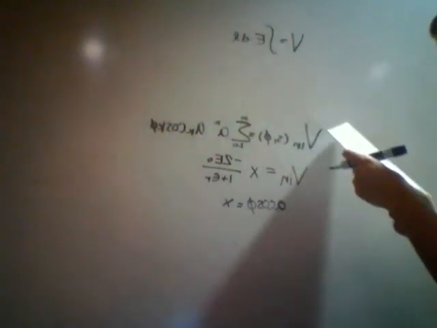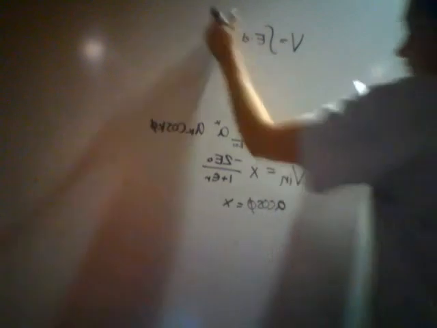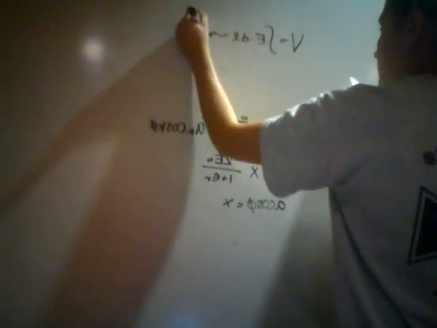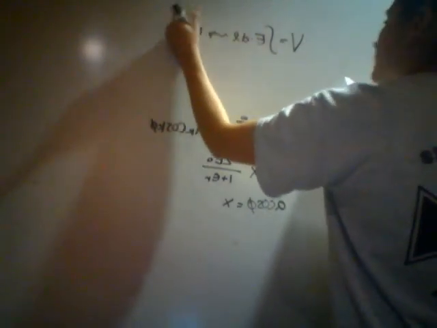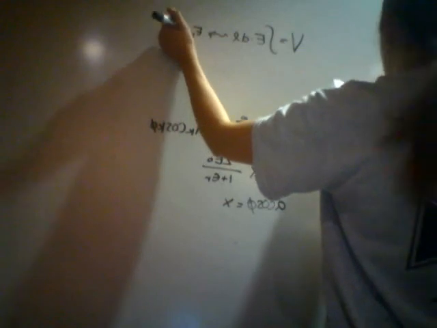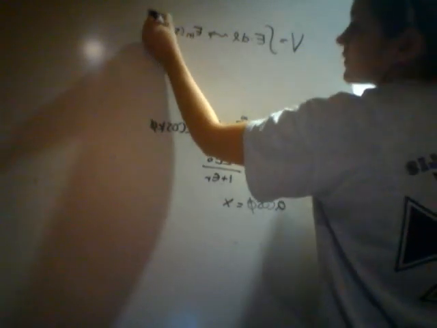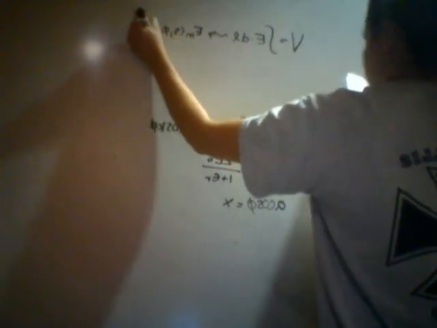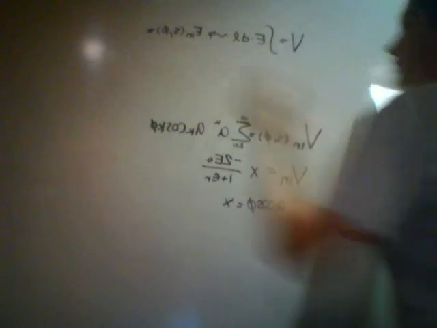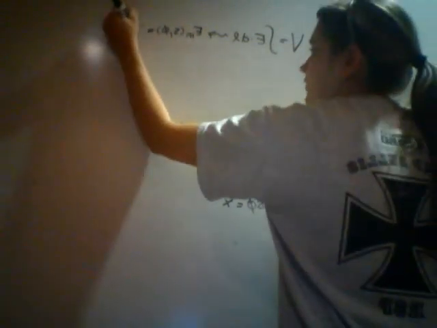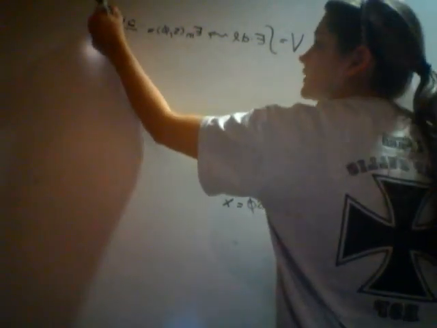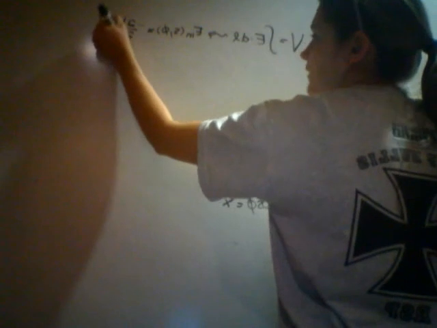So in return, since we're looking for E inside in cylindrical coordinates, it is going to equal the negative partial of V in with respect to x.